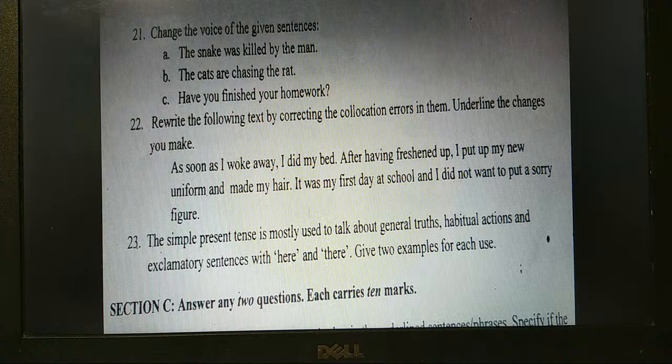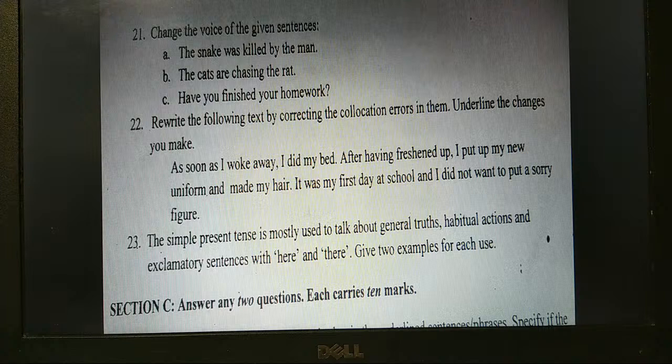So what a student is expected to do is give two examples for simple present tense used in general truth. Next, simple present tense used in habitual actions. Then simple present tense used in exclamatory sentences with here or there.